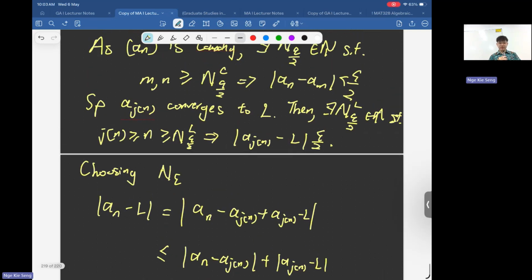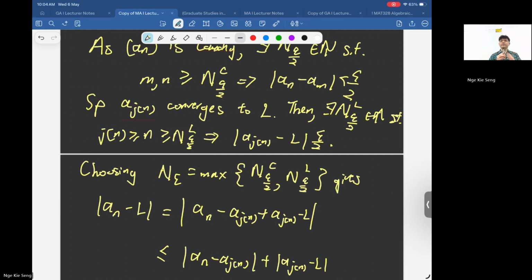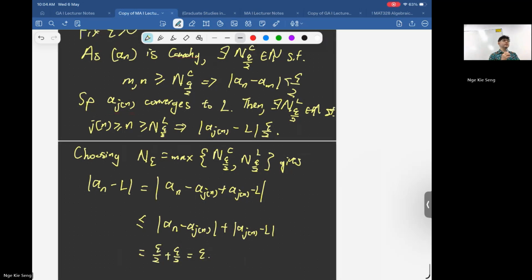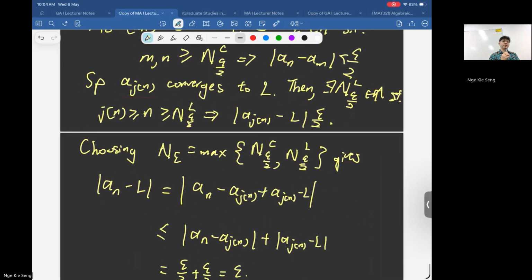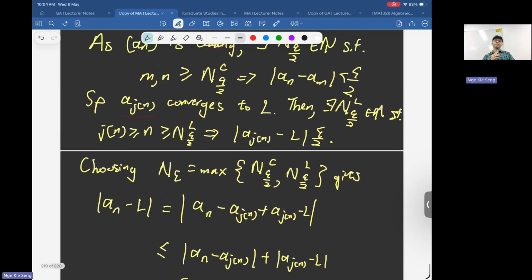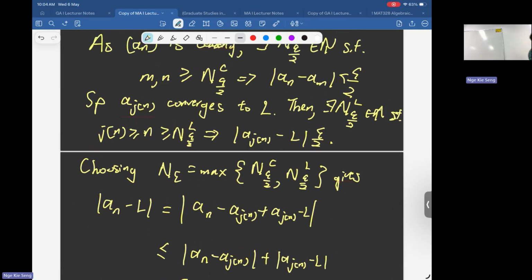Yes, you need to pick the maximum number. Does it make sense? Any question? So what's the moral here? The moral here is if you know where your subsequence converges, then this Cauchy sequence will converge to the same place.